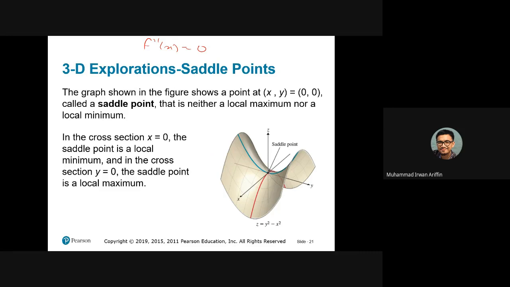If you look from one point of view, at the blue line, this is a local minimum. But when you look from the y perspective, it is a local maximum. From the x perspective, it is a local minimum. That's why it is called a saddle point, where the second derivative test fails and we cannot come up with any conclusion.